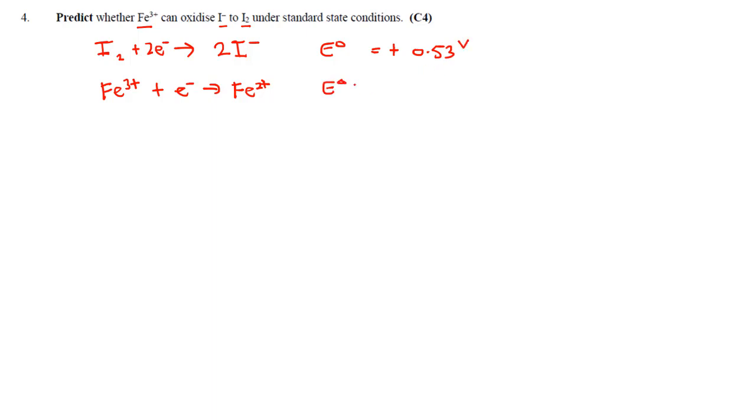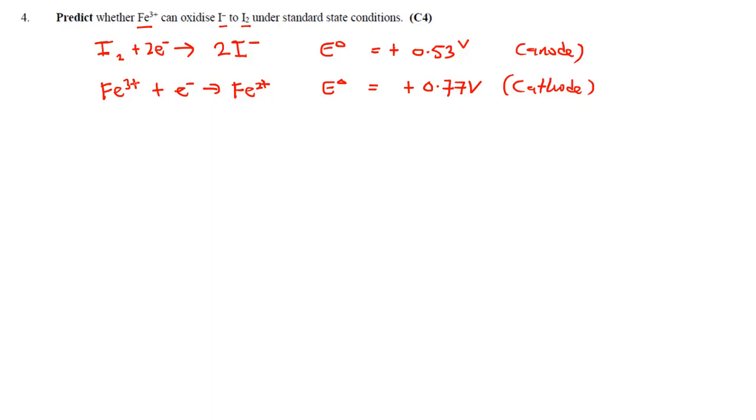And for Fe3 plus it's positive 0.77 volt. So you kena tahu siapa kita punya anode, siapa kita punya cathode. So kita punya anode sepatutnya yang ni, our I minus tu, ini adalah kita punya anode. Dan ini adalah kita punya cathode.